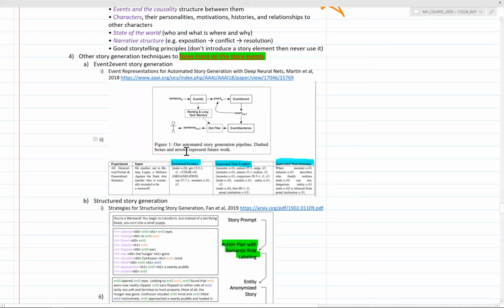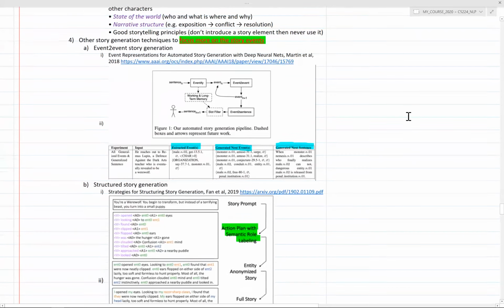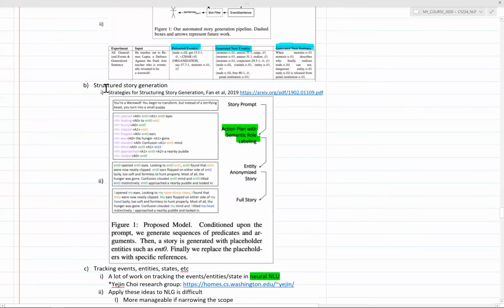The basic idea is to extract the events from the input, and then generate the next event based on the events it extracted, and finally it generates the sentences from the events instead of only the words, just like the language modeling.